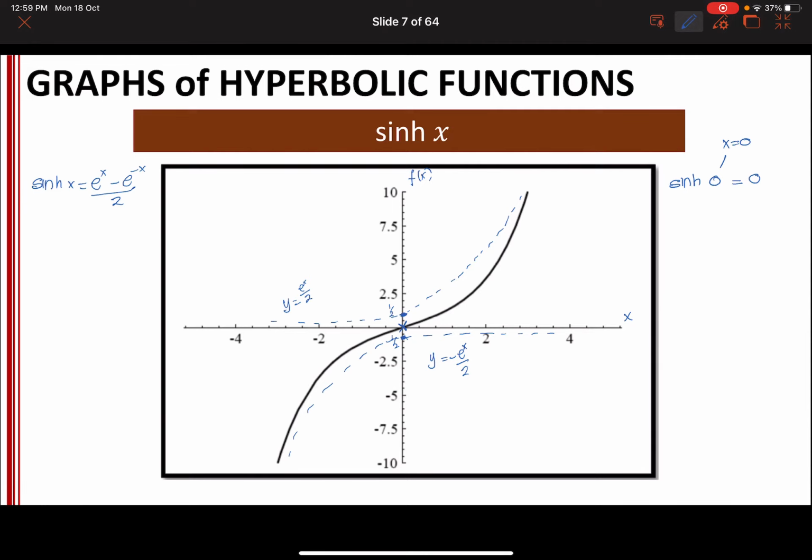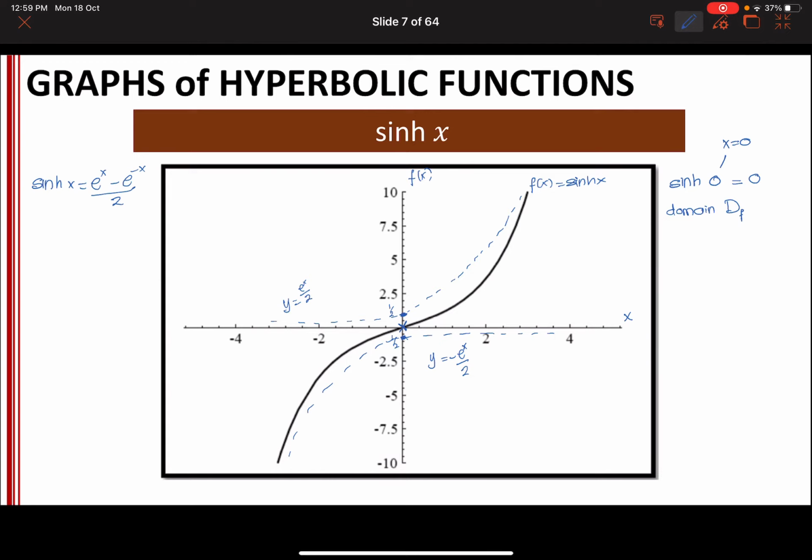Now we want to find the domain and the range of the graph. The domain and the range of the graph are important in finding the inverse function later. So what is the domain, which we denote as D_f, of the function sinh x? So f(x) equals sinh x.